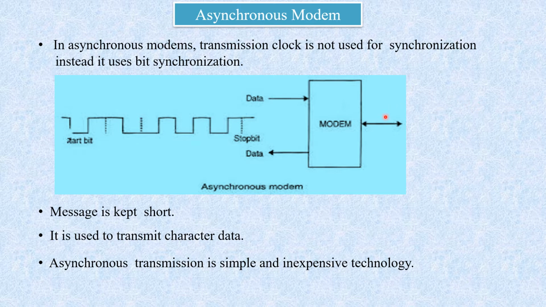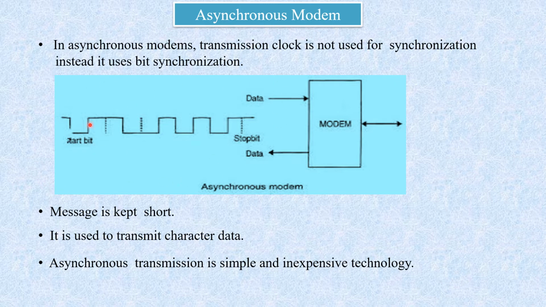The internal timing pulses are synchronized repeatedly to the leading edge of the start bit. So the internal clock of the computer is synchronized with the leading edge of the starting bit. So the message is kept short.